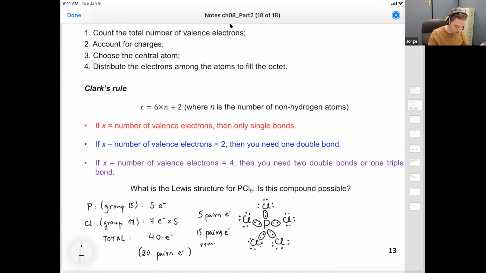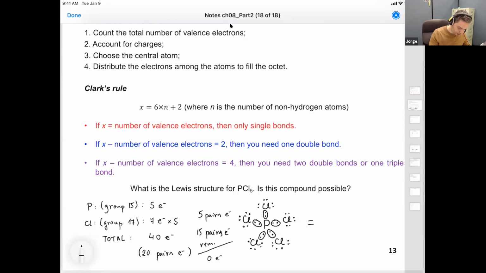For each chlorine, we spent 3 pairs to fill out the octet. 3, 6, 9, 12, 15. Therefore we have 0 electrons remaining to be distributed in the structure. So we used all the electrons. You always have to use all the electrons available.